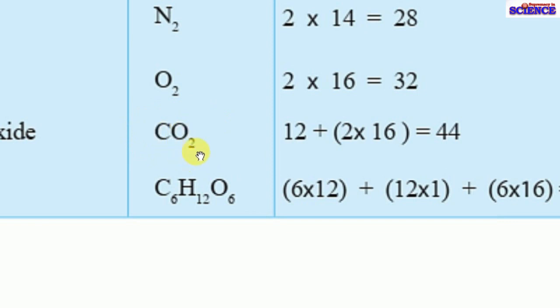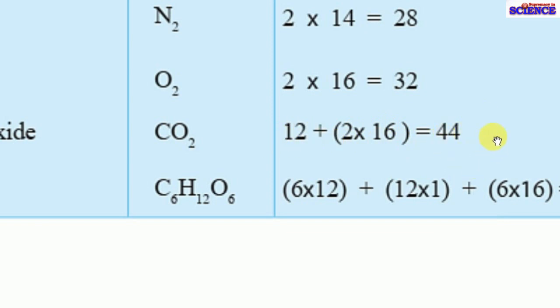So this 2 belongs to oxygen only. That means 2 times the relative atomic mass of oxygen. Then you put a bracket and do it. Otherwise, you add these 2 and get 14 and multiply 14 by 16. That's very wrong. Always use algebraic calculation methods. That's very important. 2 times 16 is 32. 32 plus 12 is 44.